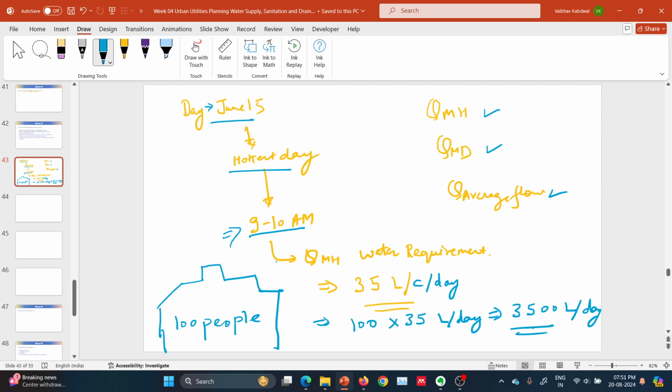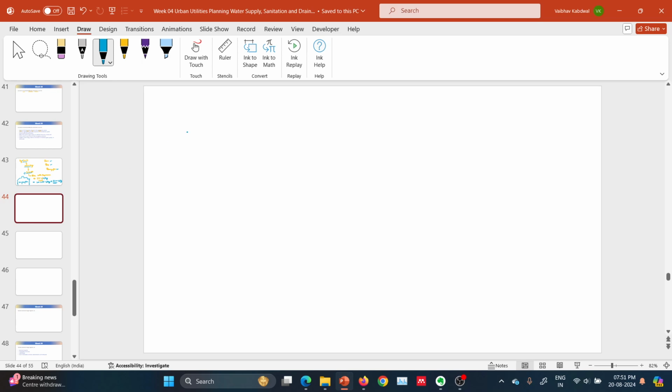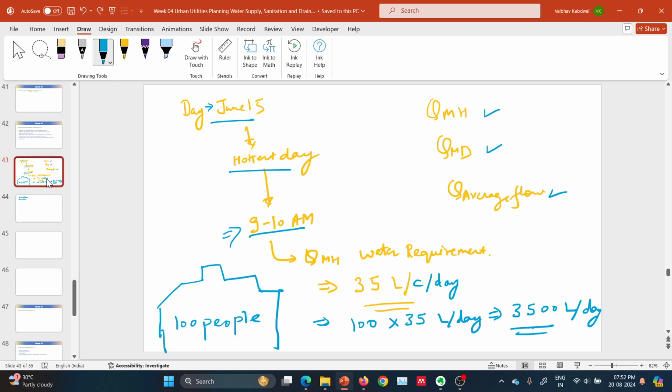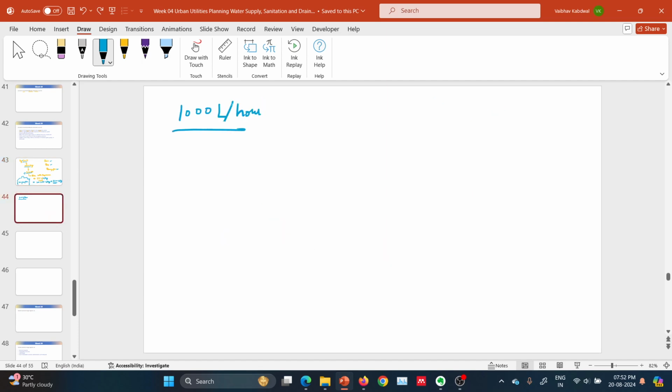But they are taking the water from a river source which has a limited water supplying capacity. Let's take 1000 liter per hour. Only this much water can be supplied.